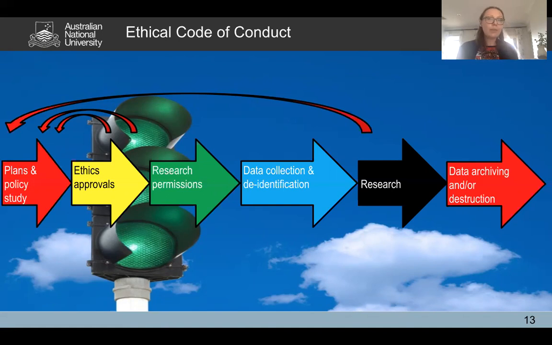And finally, when the project ends, so the ethics approval is for a period of time for the research project, and all the participants need to be consented precisely for the research project that you have in your mind. At the end of that project, that data needs to be archived and or destroyed.